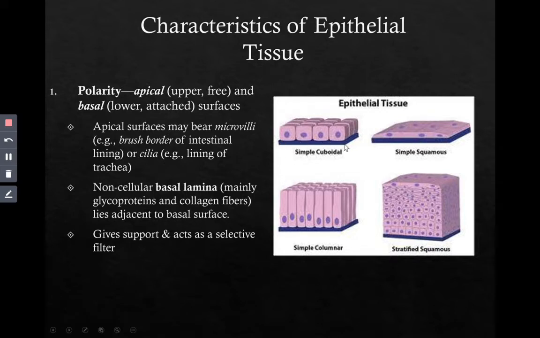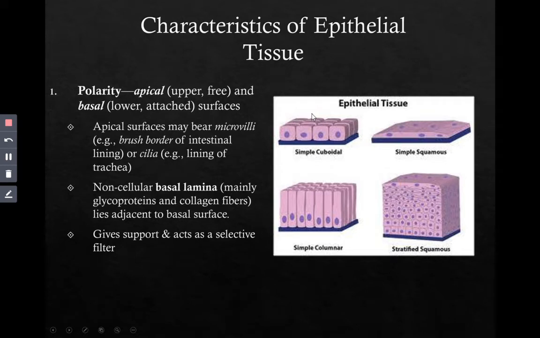This dark purple layer is connective tissue, and under all epithelial sheets, you would find a layer of connective tissue. Now, it doesn't matter which type of connective tissue right now, but just know that under all epithelial sheets, you would find connective tissue. And so the area where you don't find the connective tissue is considered the free region.